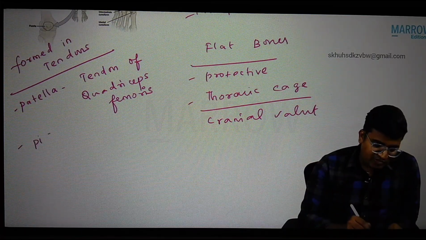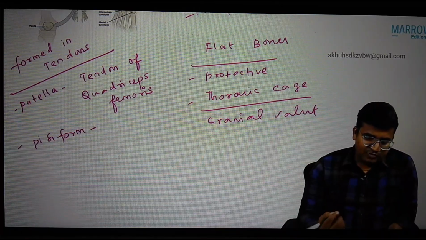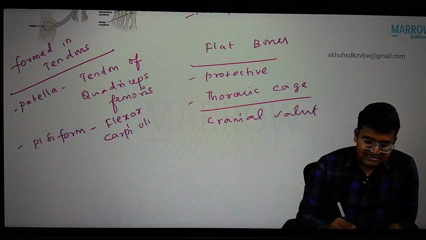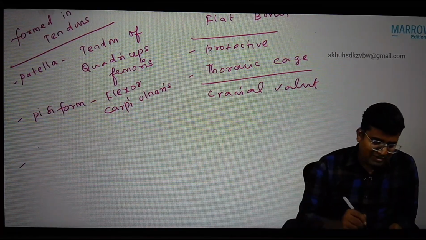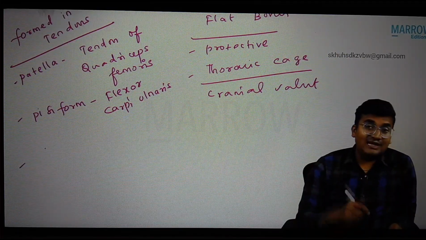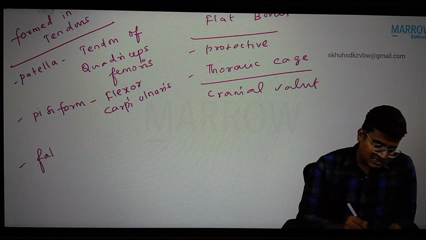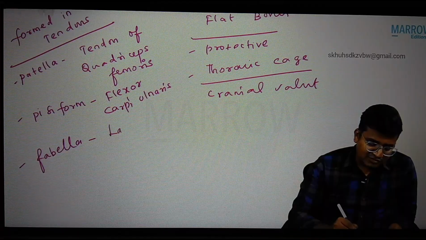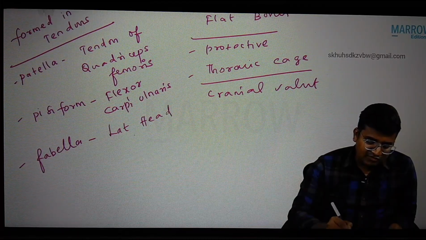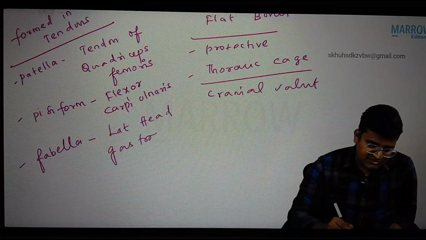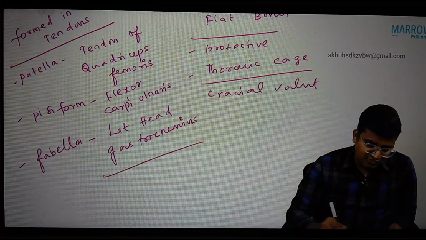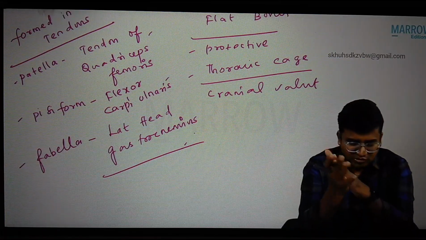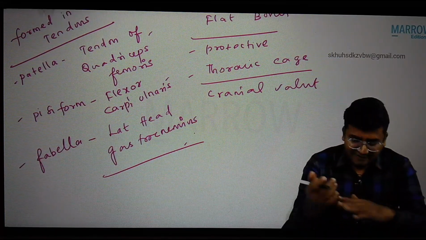We also have the pisiform bone, which is formed in the tendon of flexor carpi ulnaris. Another sesamoid bone is found in the lateral head of gastrocnemius, and that is the fabella, formed in the tendon of the lateral head of gastrocnemius. So these are the sesamoid bones.